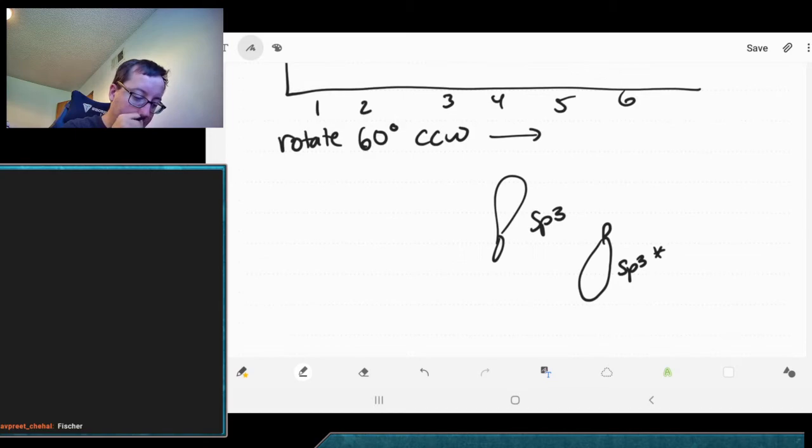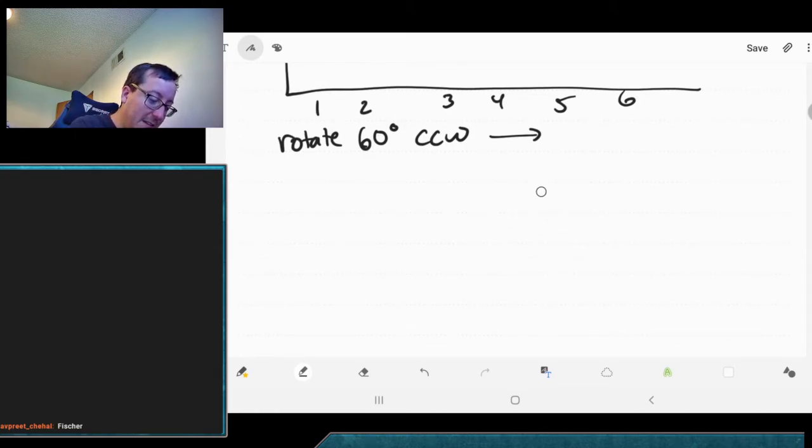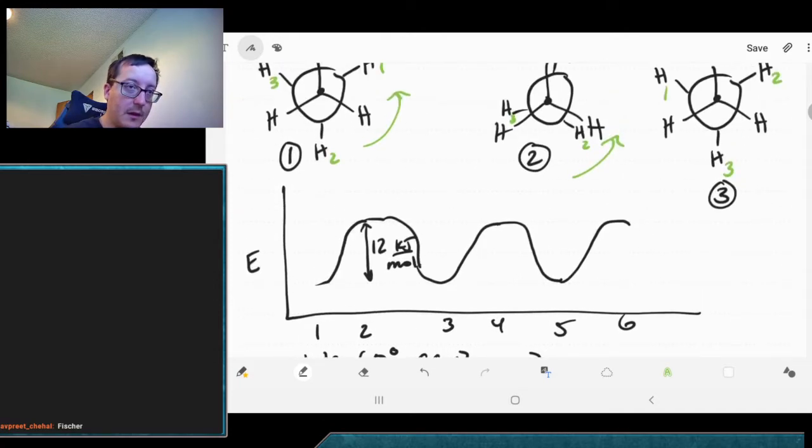And so, without focusing too much on the orbitals, suffice it to say it's a bad thing. Not a terrible thing, but a bad thing to have these overlap with each other. And we have names for these. We call this one eclipsed. Is that how we spell eclipse? Yes, it is. We call this eclipsed because the hydrogens are blocking each other, right?